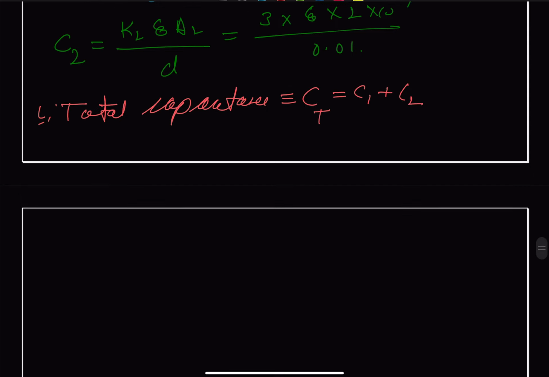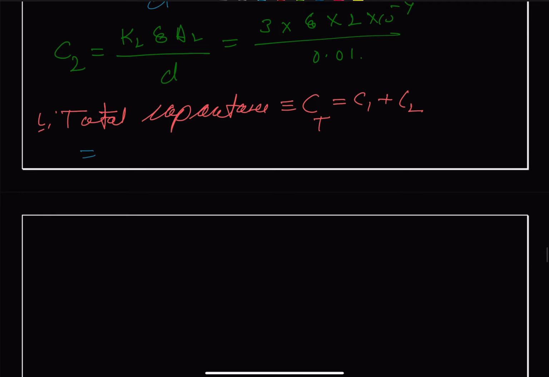We substitute the values and the rest of the things will be the same. So this comes as 2 plus 3, and we have epsilon naught into 2 into 10 to the power minus 4 divided by 0.01, which comes as epsilon naught multiplied by 10 to the power minus 1.